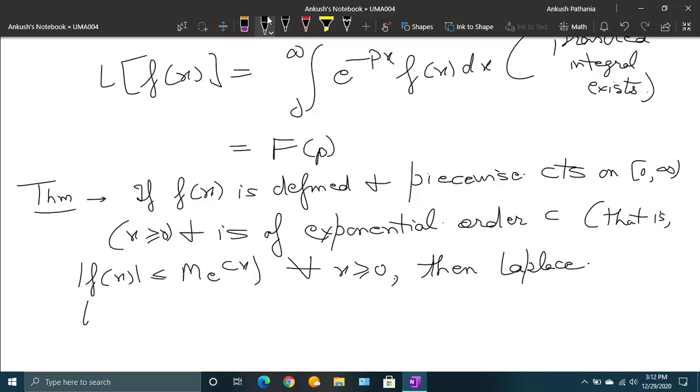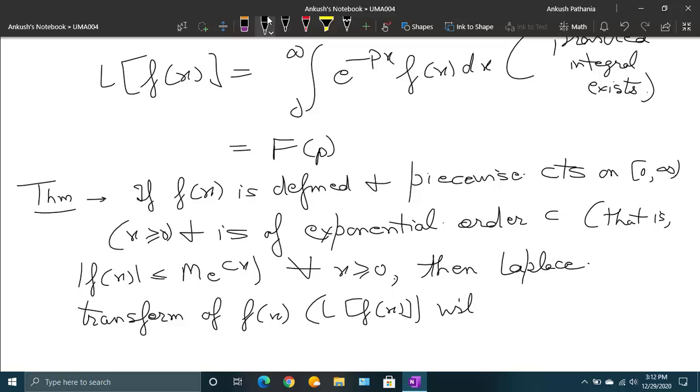the Laplace transform of f(x), that is this one, will always exist for p greater than c.